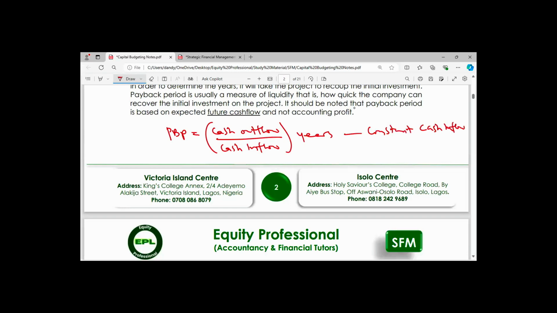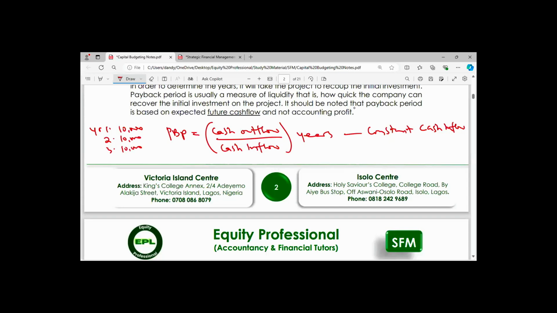Okay, what do I mean by constant cash inflow? Say, for example, in year one, the examiner has given you cash flows of 10,000 naira. Year two, 10,000 naira. Year three, 10,000 naira.